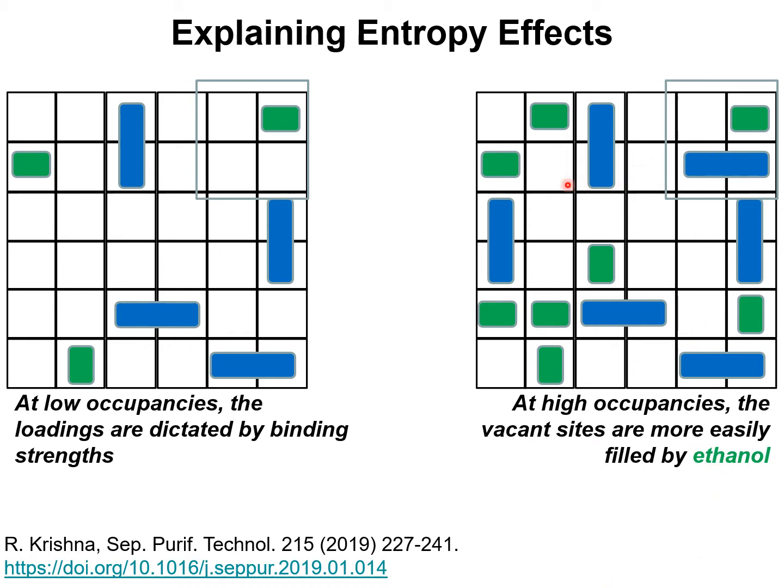For example, this location can only be filled by ethanol. So is this location. So is this location. For one propanol to be accommodated within chabazite, it needs two adjacent adsorption sites to be vacant.